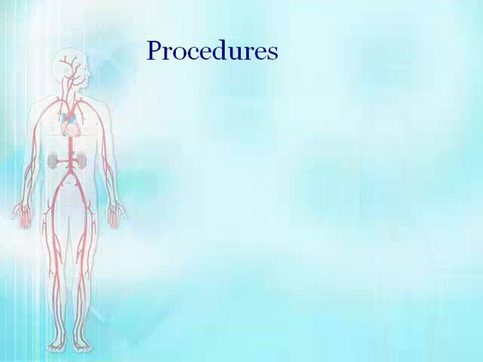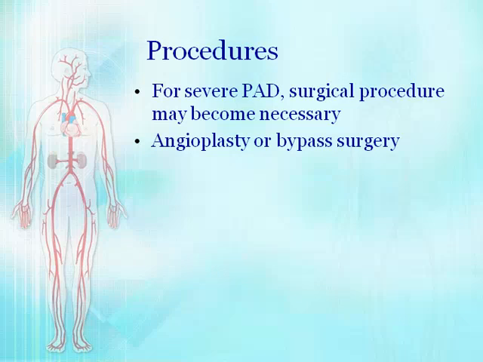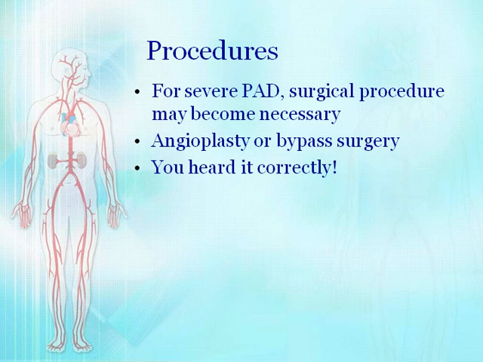And what procedures are typically done when this condition is advanced? So, as I just mentioned, for severe peripheral artery disease, surgical procedures may become necessary. Angioplasty or bypass surgery are the two surgeries that are usually done. And you heard it right.